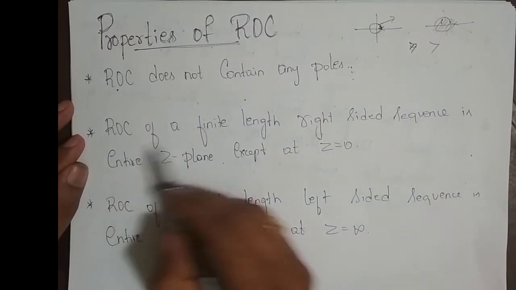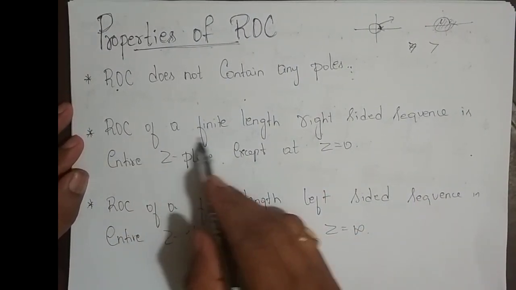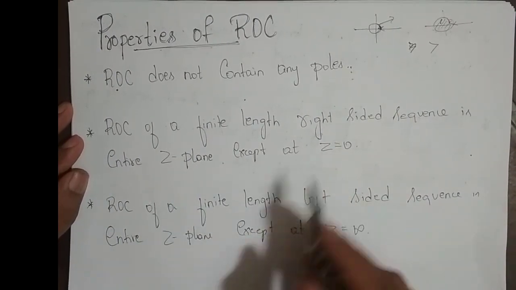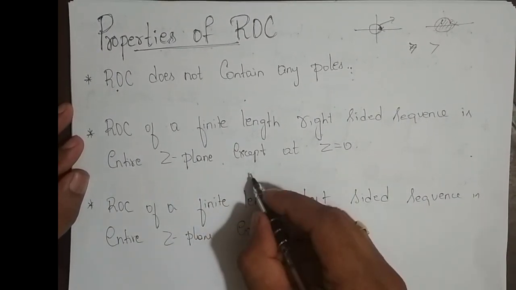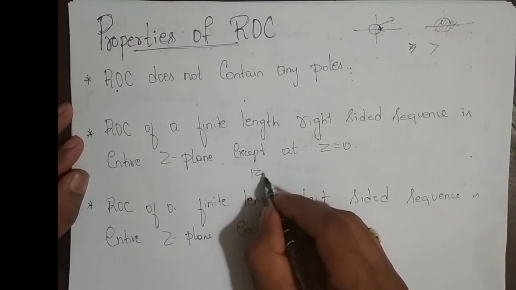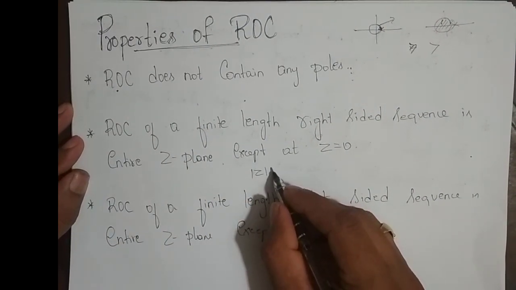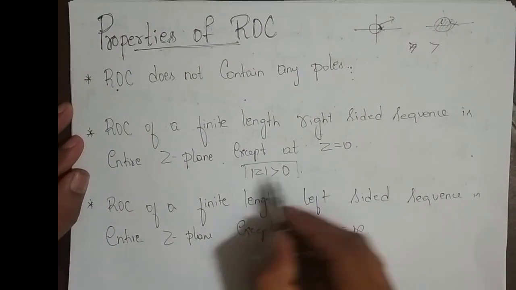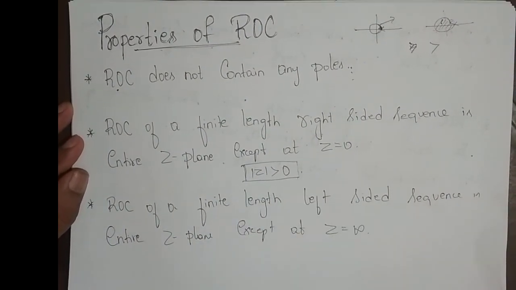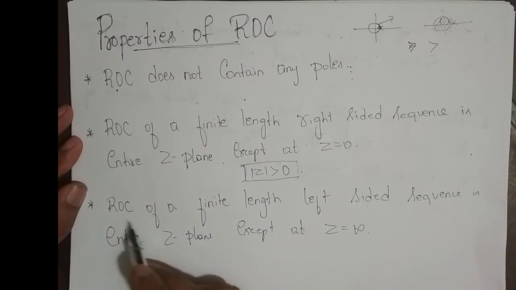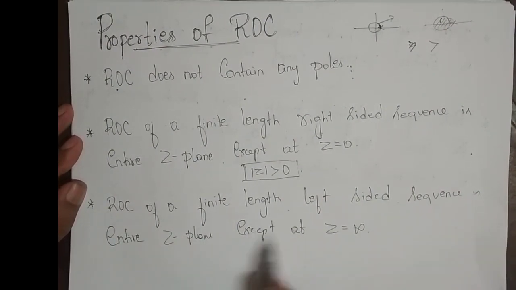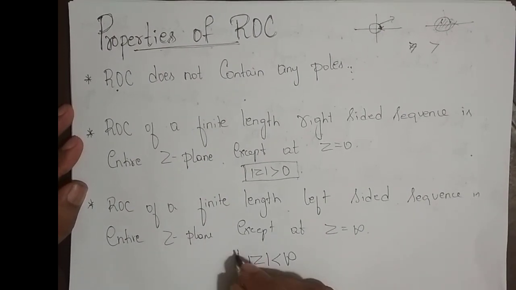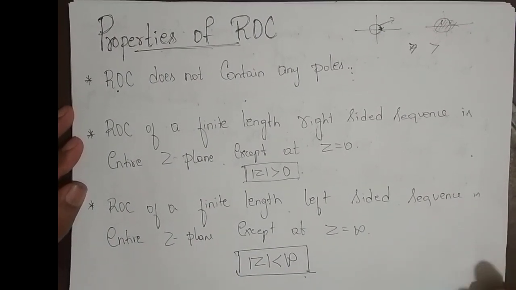Next property, ROC of a finite length right-sided sequence is the entire Z plane except at Z equal to 0. In the sense, I can write it as magnitude of Z is greater than 0. This is one way to say that it is the entire Z plane except at Z equal to 0. And ROC of a finite length left-sided sequence is the entire Z plane except at Z equal to infinity, magnitude of Z is less than infinity. This is one more way to say the statement.